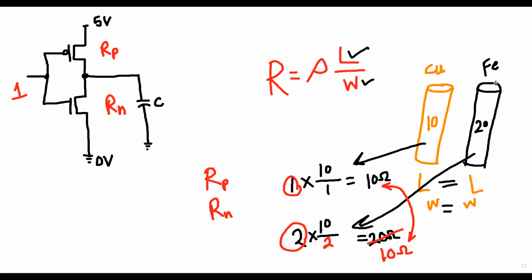The thing with higher resistance, we make thicker, double. So it has 10 ohm, 10 ohm. Both of them have 10 ohm.